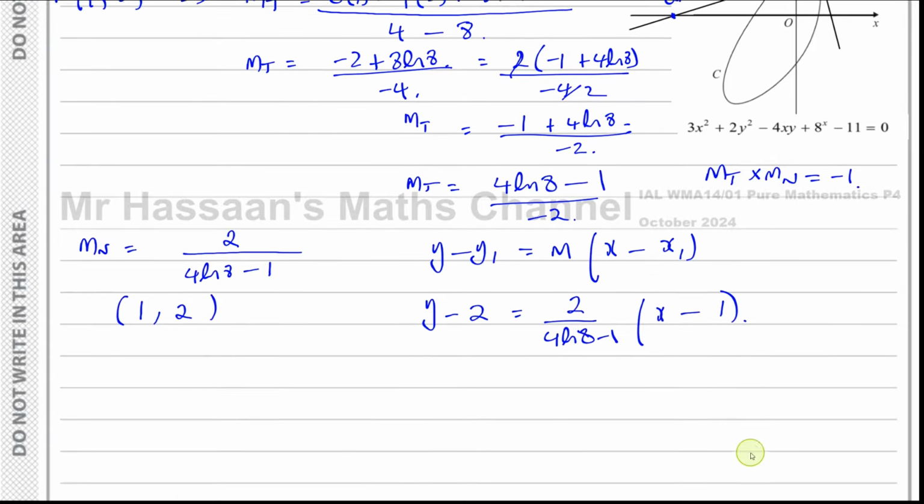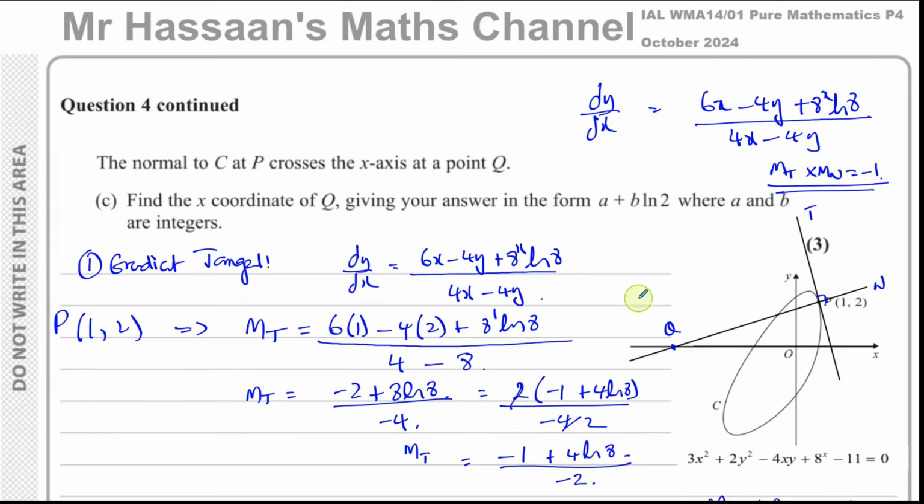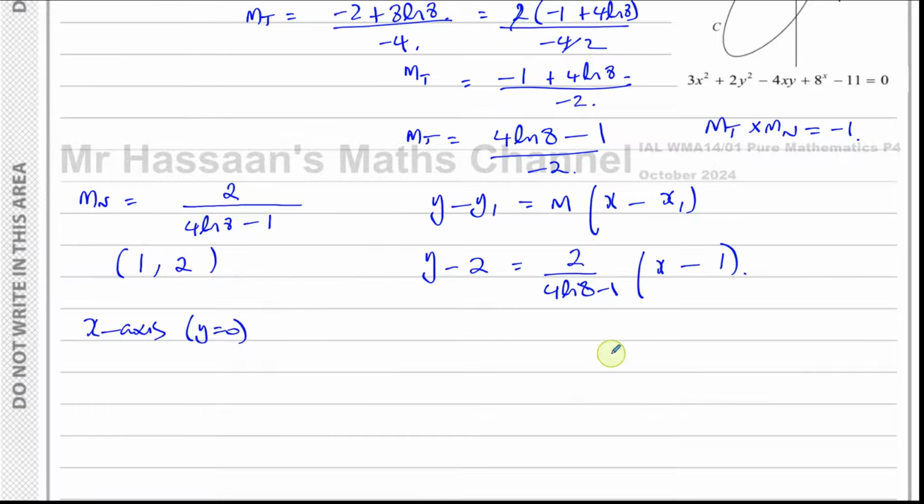We don't actually have to write down the equation of the straight line. We just have to know where it crosses the x-axis. It crosses the x-axis when y is equal to 0, because that's the coordinate of every point on the x-axis. In fact, this line is y equals 0. So we can just replace the y with 0, and then when we find x, that will be the x coordinate where it hits the x-axis.